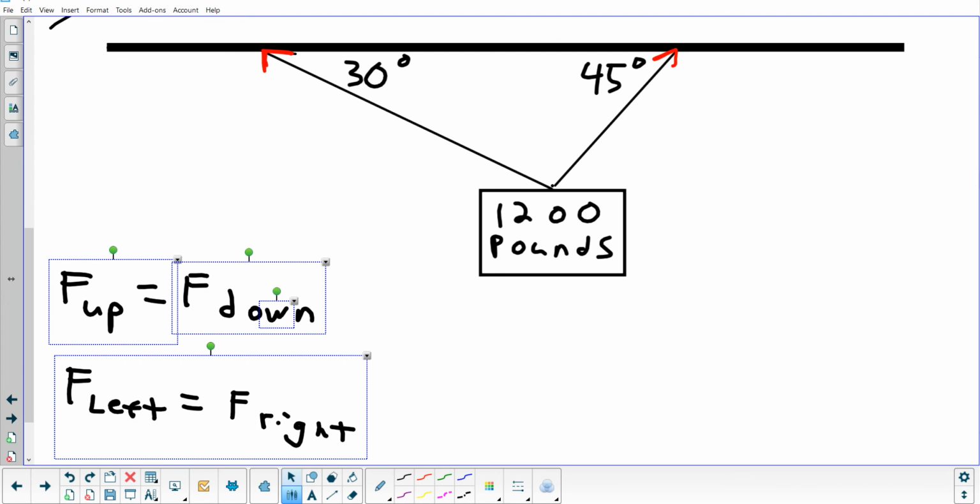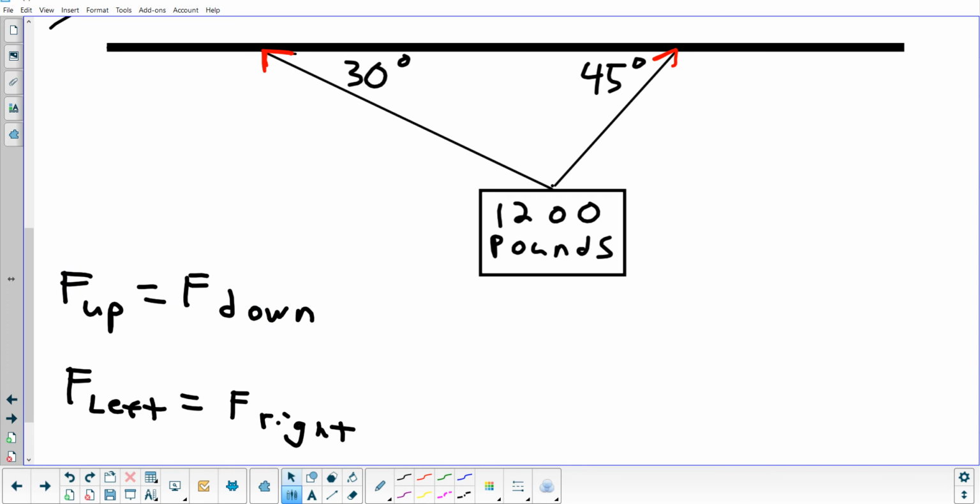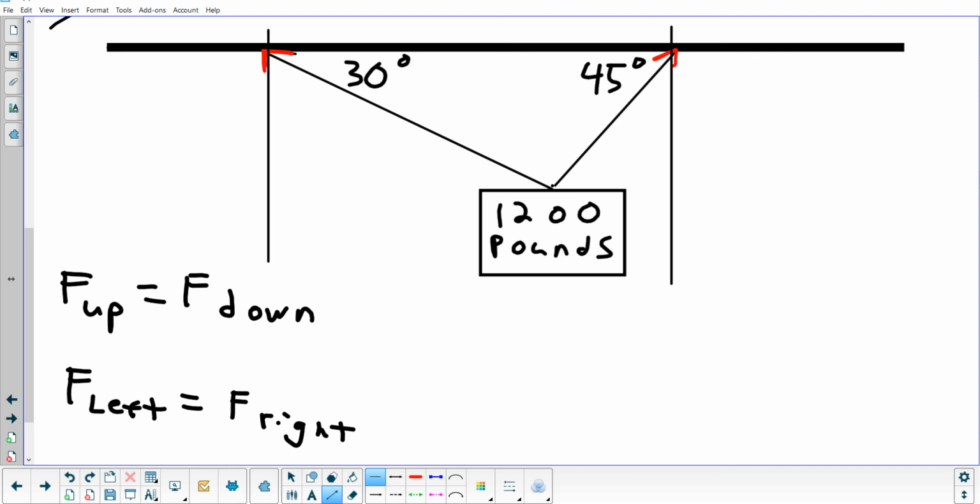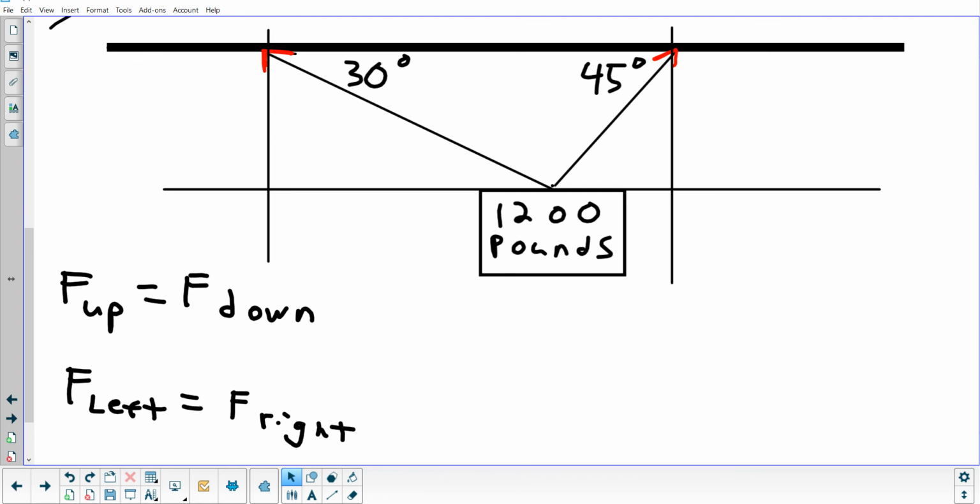Here's another one pointing up and to the right. I want to find the components of each of those vectors. And the way I'm going to do it, I'm going to need a couple verticals, and I'm going to need a horizontal. So by putting those in, what did I basically just create? Triangles. Triangles all over the place.